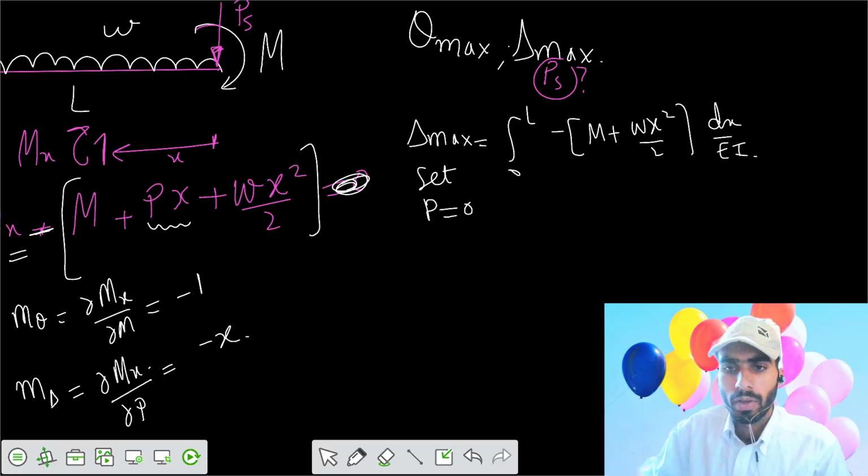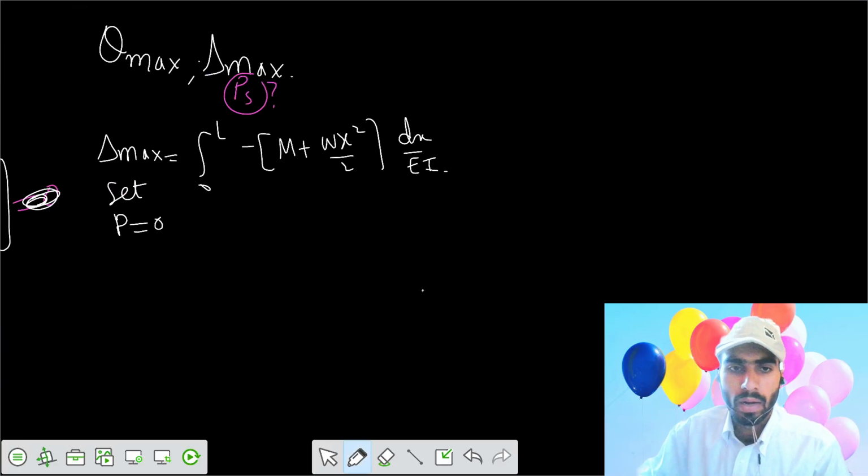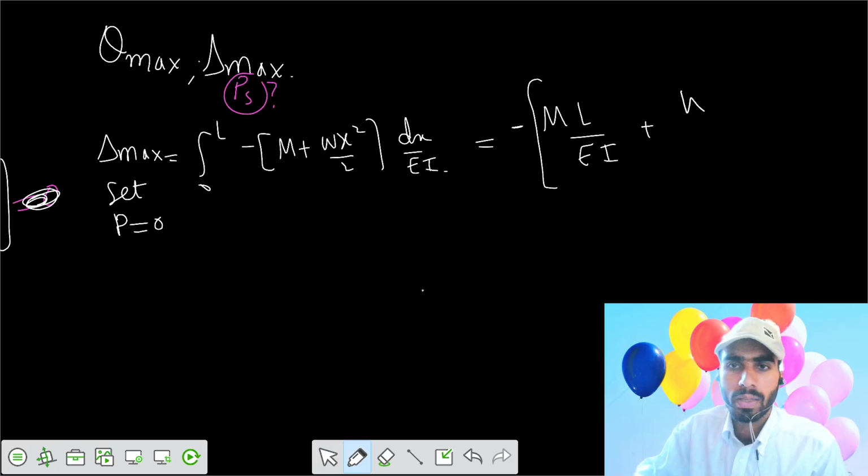Now you can solve it and get the value of delta maximum. That's m dx is ml. We can keep the minus outside. We can write minus, then ml by EI plus wx square by 2, that's wx cube by 3.